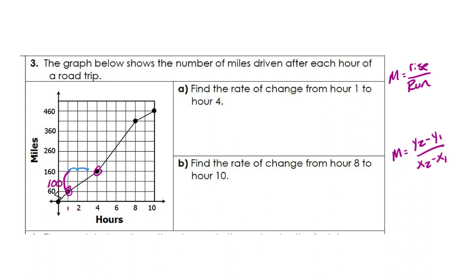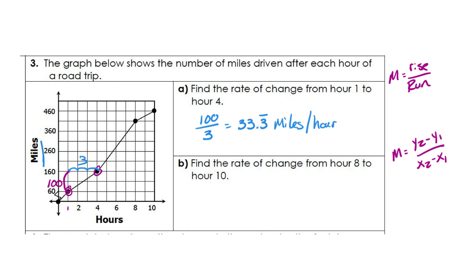So 1 hour, 2 hours, 3 hours, 3 hours. So my slope is 100 over 3, which simplifies, if I put that in a calculator, to 33.3 repeating. And I see that miles over here on my graph is what I know. So that is miles an hour.